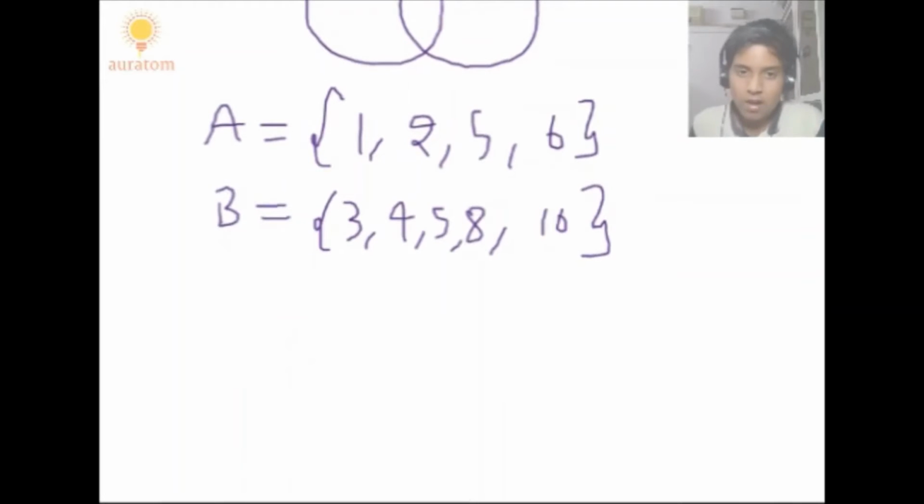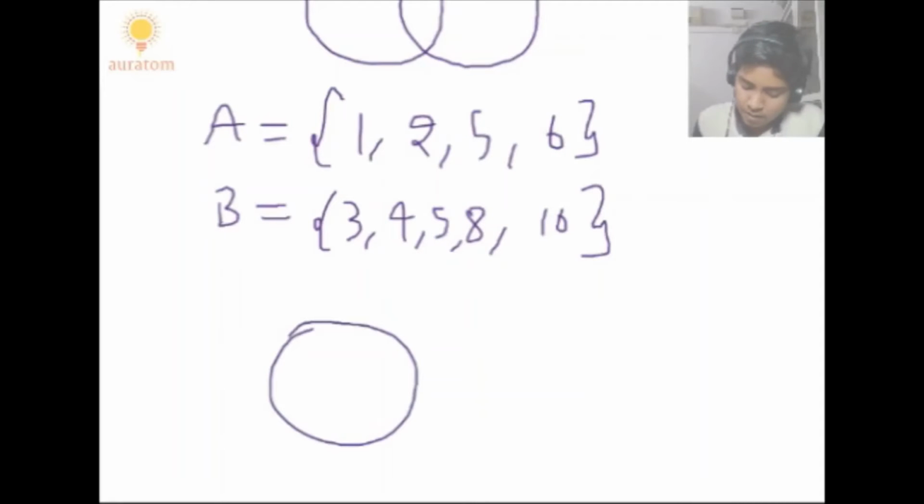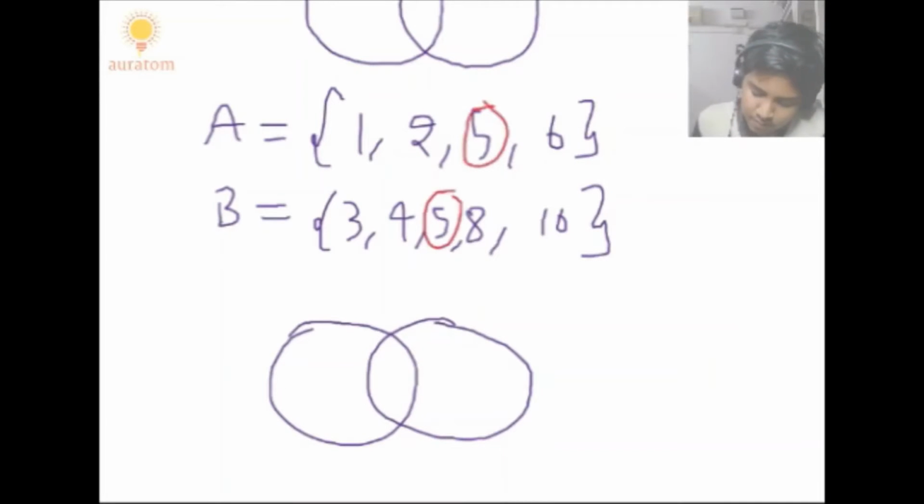So let's represent A with a circle, and let's represent B also with a circle, and we place a common element of A and B, which is 5, here, because then it will be included in A as a part of this circle, and it will be included in B.